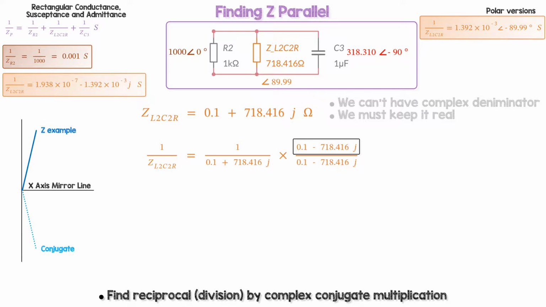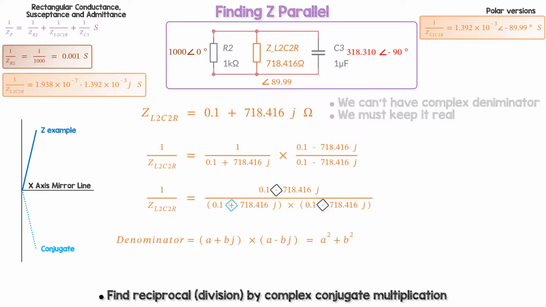We'll tidy it up a bit, we'll shift this bit over as our numerator. So we've got 0.1 minus 718j divided by the rest. Those two brackets, we just expand them using FOIL, what we call binomial expansion, but it's a lot easier than it looks. So the first two terms is 0.1 times 0.1.